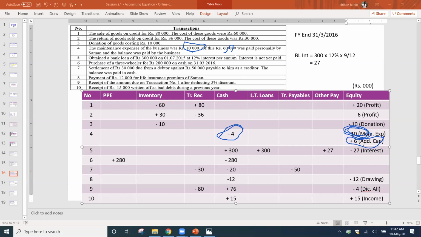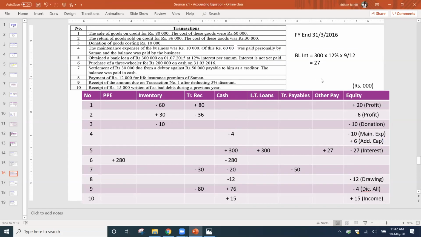Debtor will be minus, equity will be minus as drawings. If the owner has personally paid, then this will be considered as additional capital. So I hope it's clear. If not, I will further explain in different methods. Right.